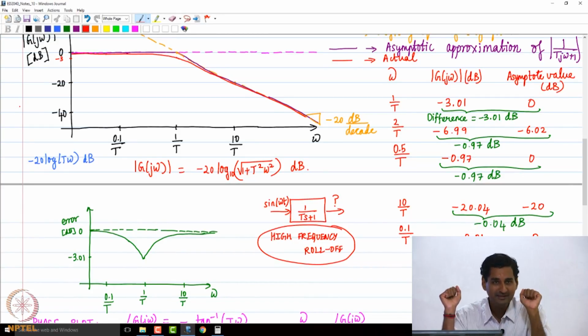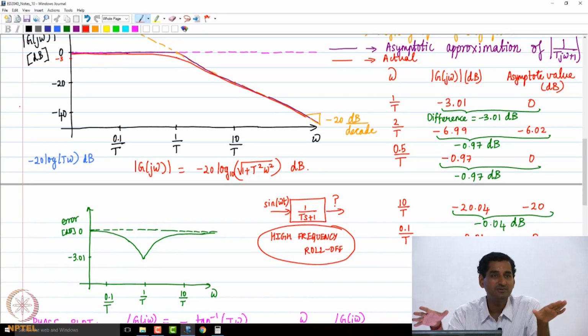So what's 1 by T? 10. So the cutoff frequency is going to be 10 radians per second, and the bandwidth of that actuator is going to be 10 radians per second. So you can immediately talk about bandwidth and cutoff frequencies once you have this structure. I'm talking from a practical perspective: all this mathematics is fine, but from an engineering perspective these concepts are commonly used. So please remember these ideas.